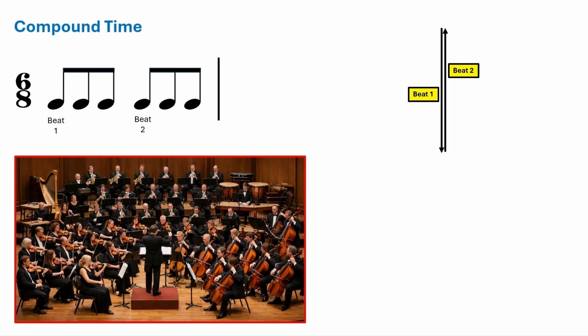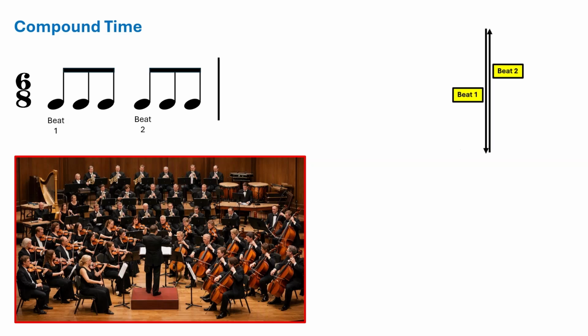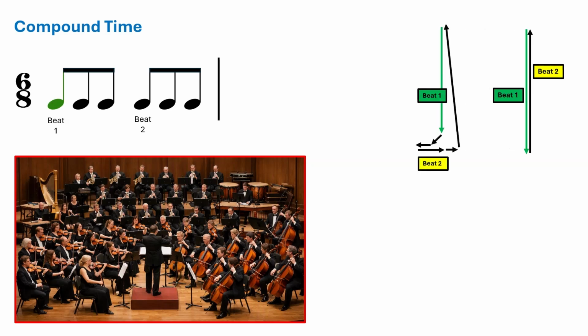Having just 2 arm movements for 6 quavers helps the orchestra to follow their music correctly and stay in time with the conductor. However, sometimes the 2-beat down-up pattern is broken up to show the individual quavers like this. Here's the same thing shown with a baton.